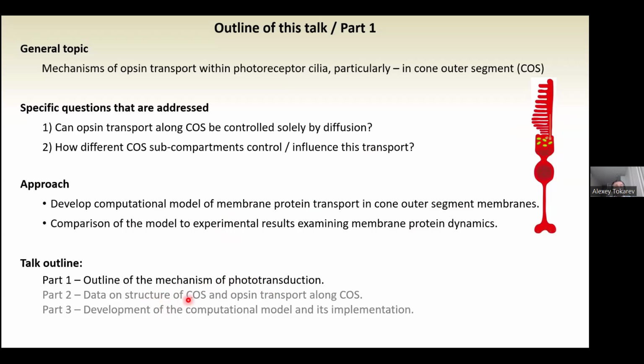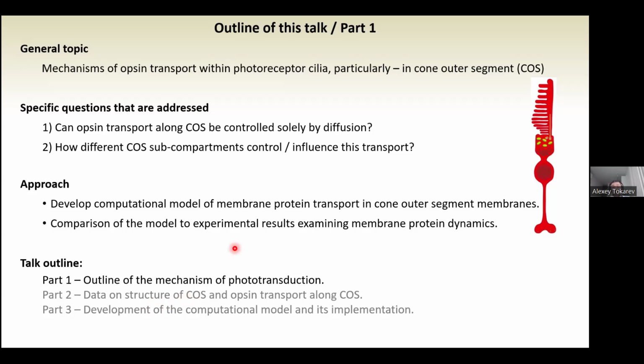Then I will talk about the structure of the outer segment and data on transport of opsin along the outer segment in cones. And then I will talk about our computational model, what we particularly do here.